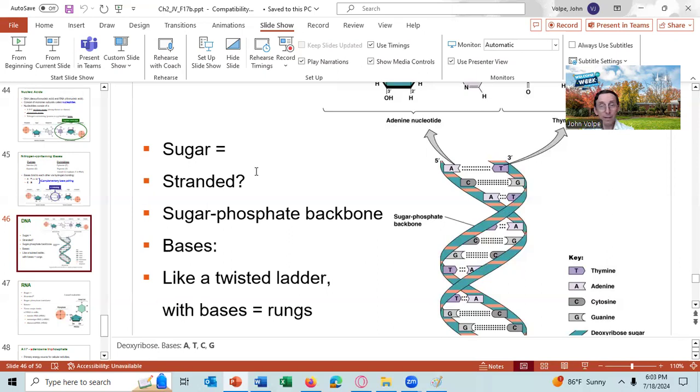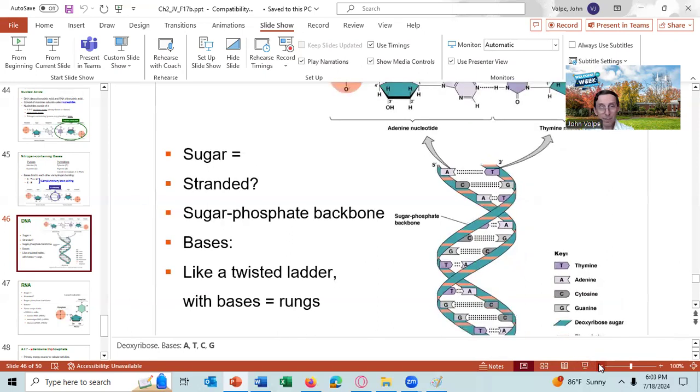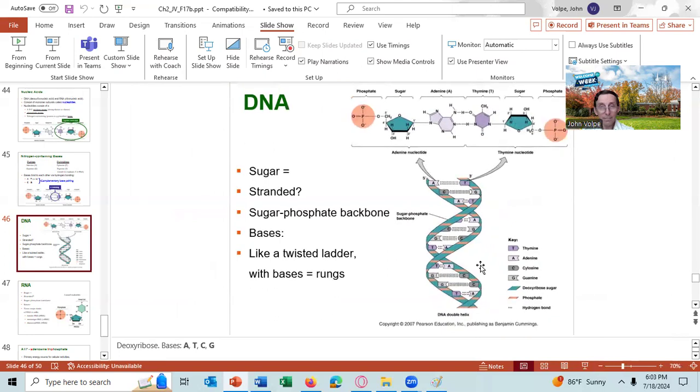The sugar in DNA is deoxyribose, which gives the DNA its name, deoxyribonucleic acid. The DNA is double-stranded, and it is the sugar phosphate backbone which holds together a single strand of DNA.